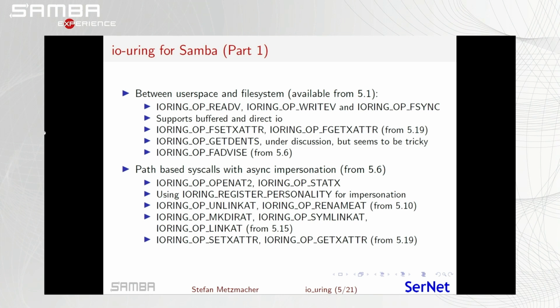And yeah, this would be useful for calls like openat, statx, and so on, which are partly or completely path-based in order to get the permission checks correct in the async nature of the requests.